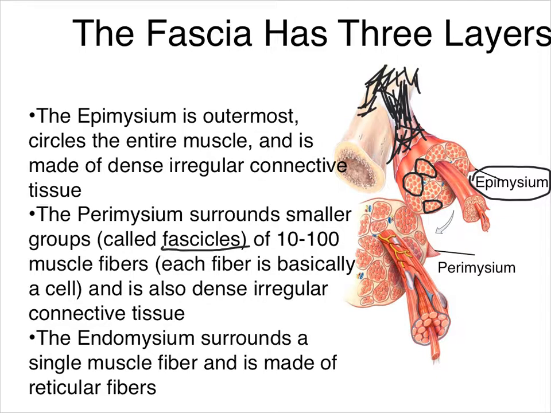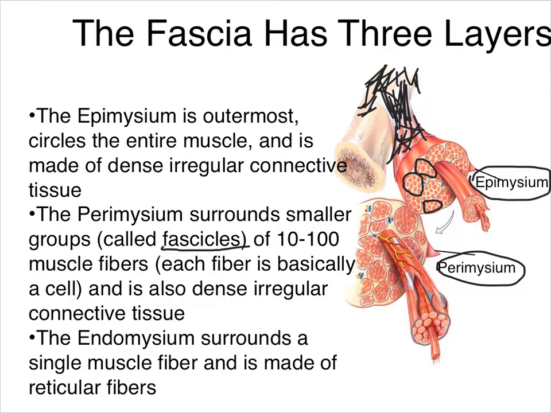Each fascicle contains about 10 to 100 muscle fibers. A fiber, in this case, is basically a cell. It's going to be the smallest cellular unit of muscle tissue. These fascicles are surrounded by connective tissue called the perimysium.